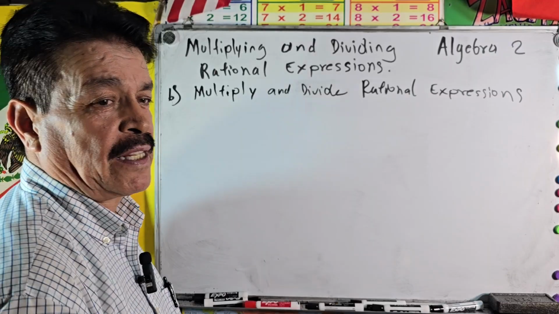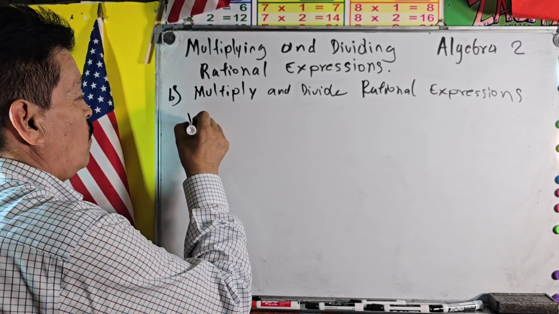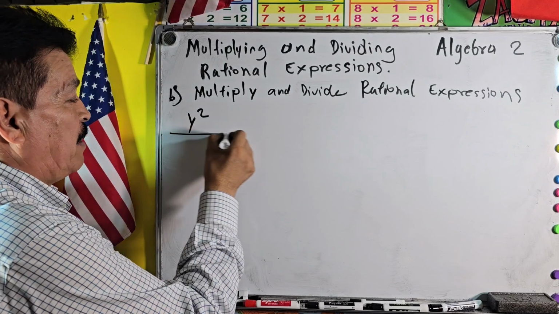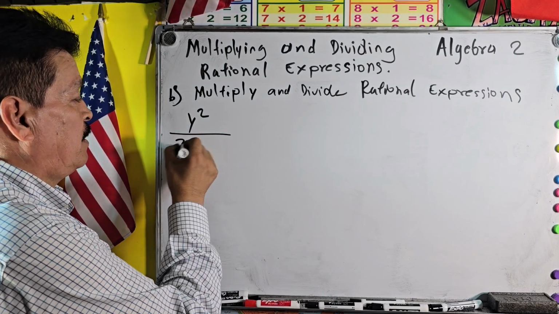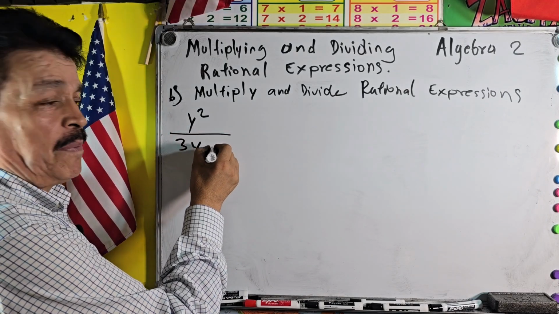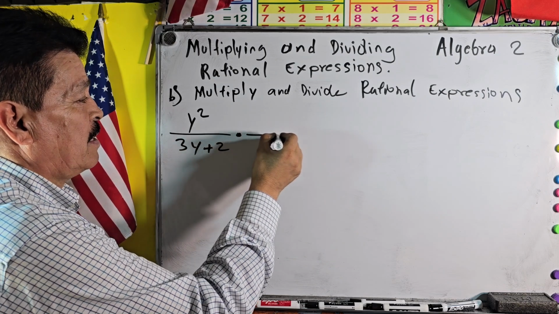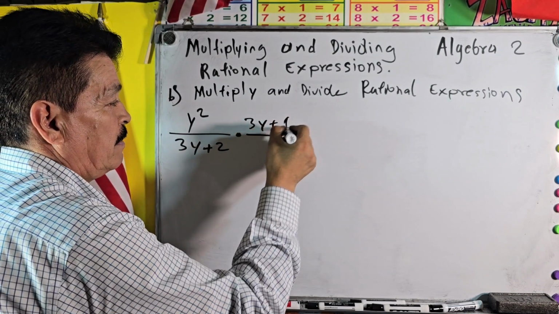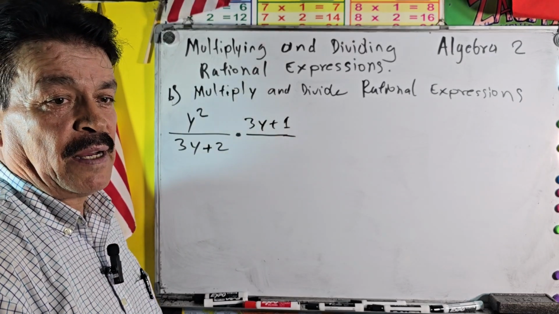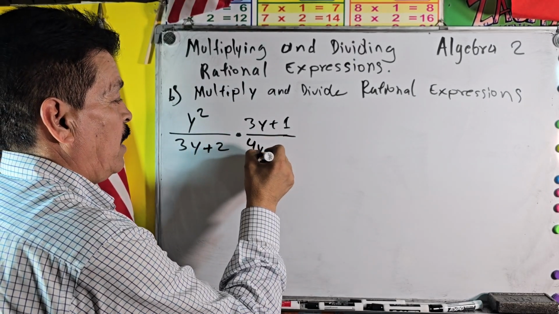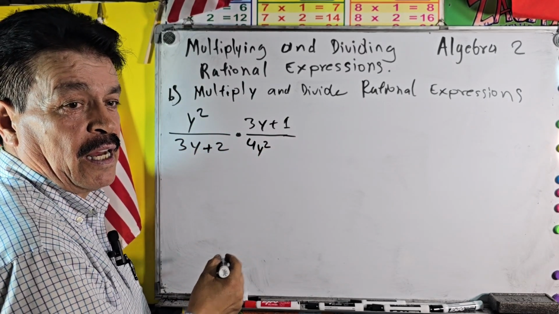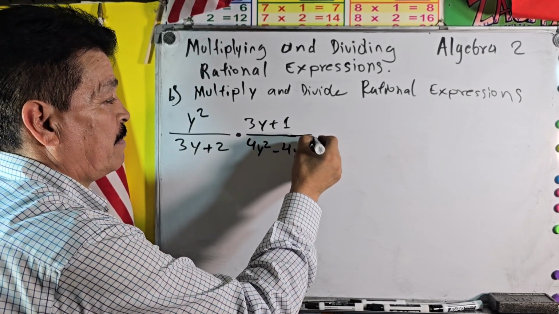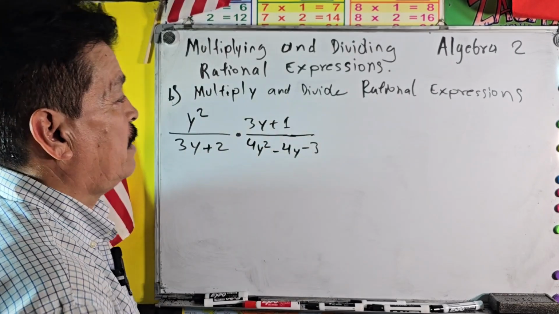Let's see this problem: y to the second power times 3y plus 1, divided by 3y plus 2 times 4y to the second power minus 4y minus 3. This is our problem.